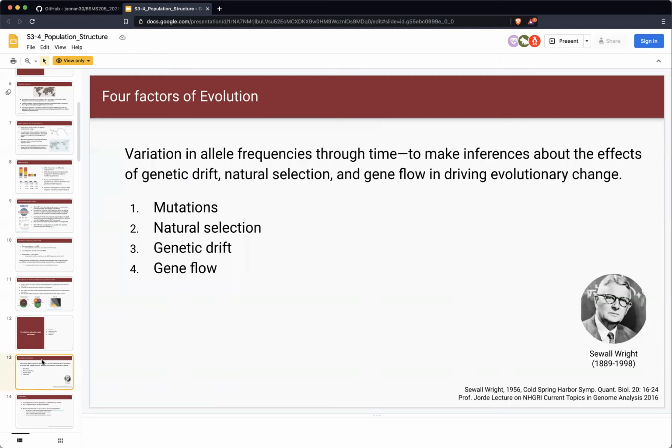So what are the 4 factors? The first one is mutation, the second one is natural selection, the third one is genetic drift, and the fourth one is gene flow.